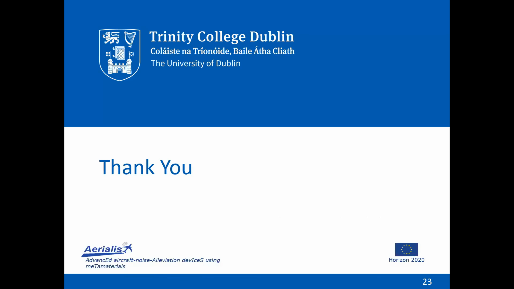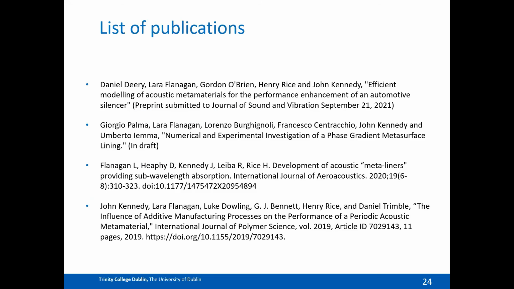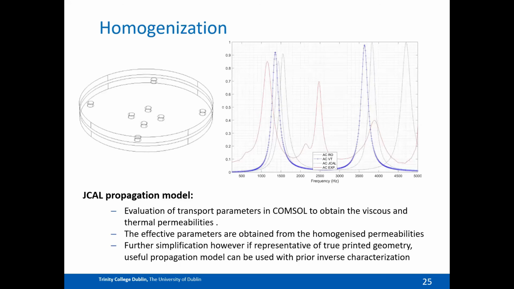So thanks, and I'll just go briefly through some of the publications associated with the work. Then just a small piece, to see if there was any use of using homogenization for these sort of plates, but they're quite big structures, so in my view, it's probably a bit too simplistic in that sense.